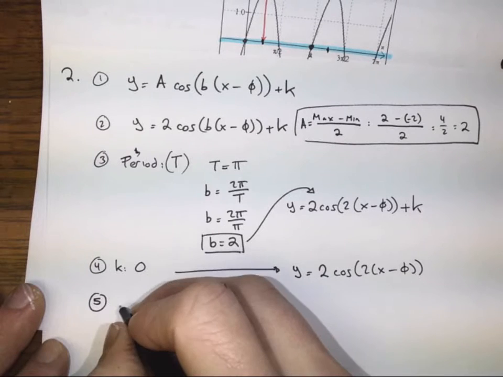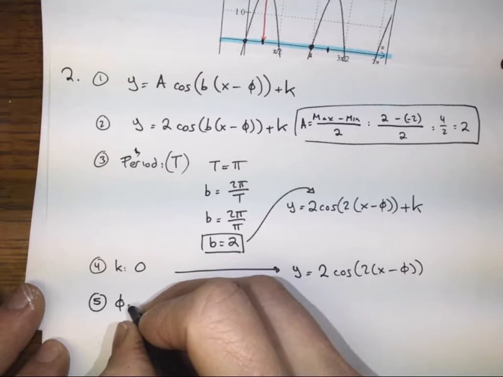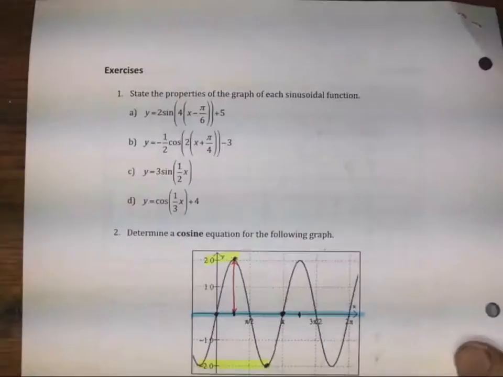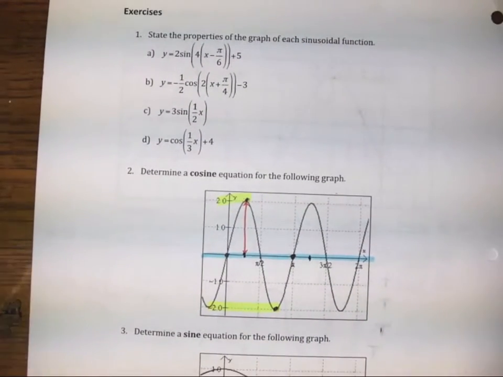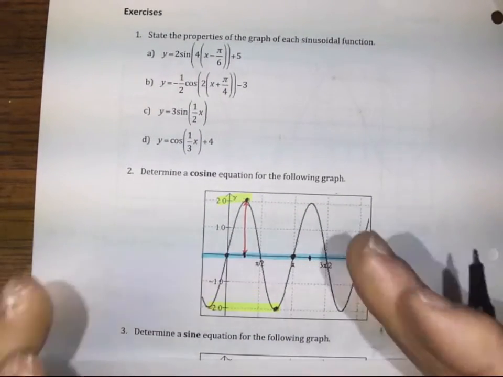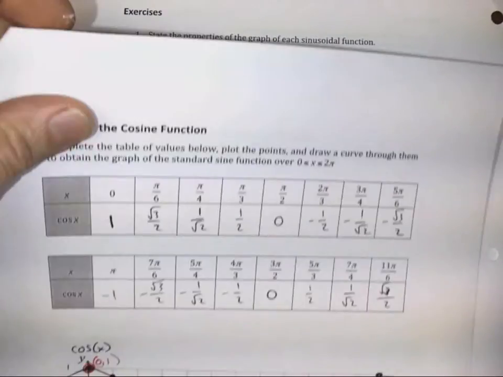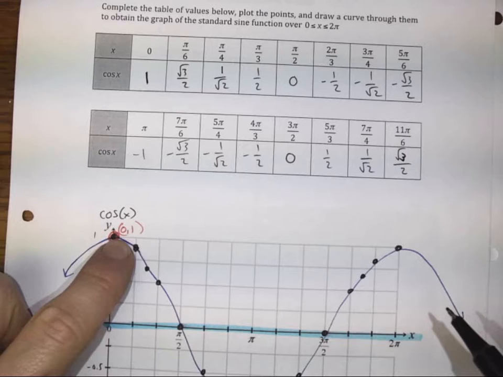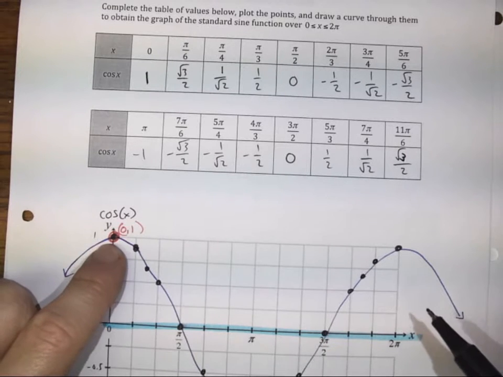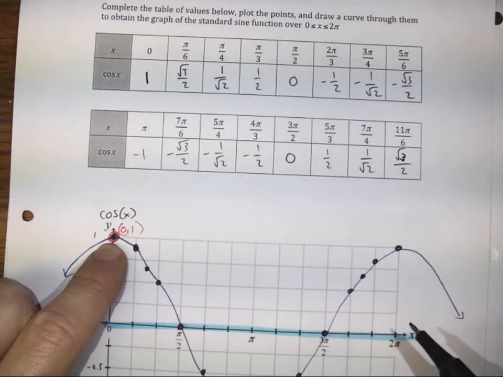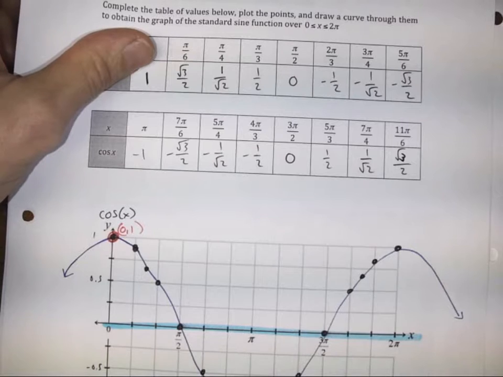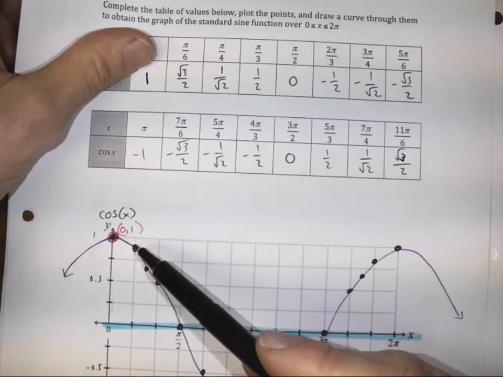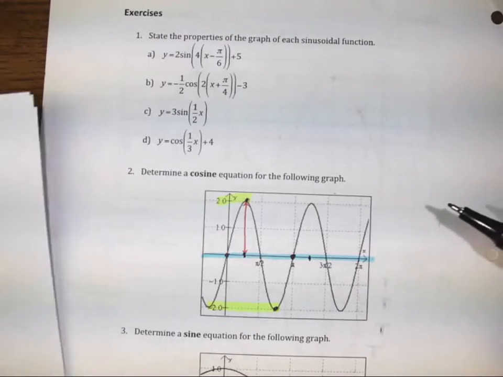All right, so my phase shift. Again, in a cosine curve, we want to ask ourselves, where does a normal cosine curve start? A normal cosine curve starts at (0, 1), and it starts going down. So really, it starts at a peak. And so maybe the peak on our graph also hits the y-axis, or maybe we can think of it being shifted to the right or shifted to the left.